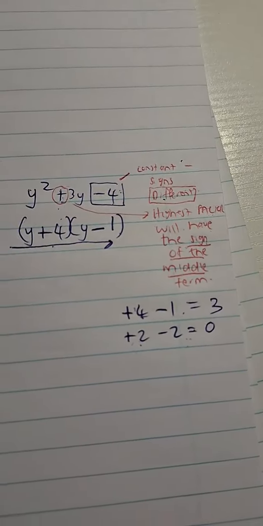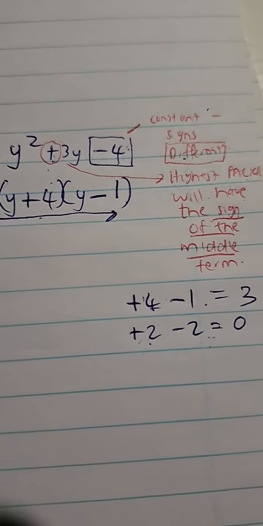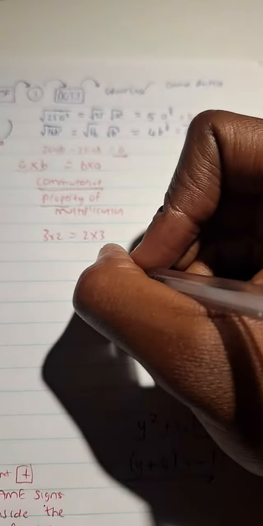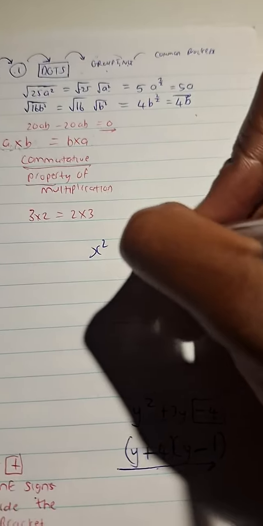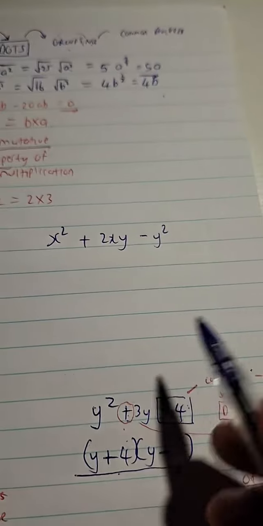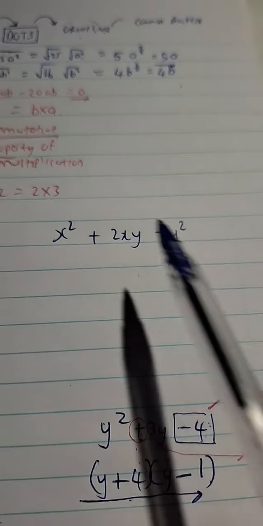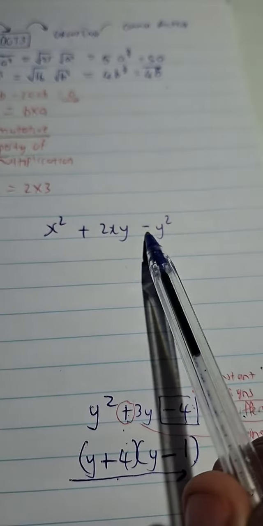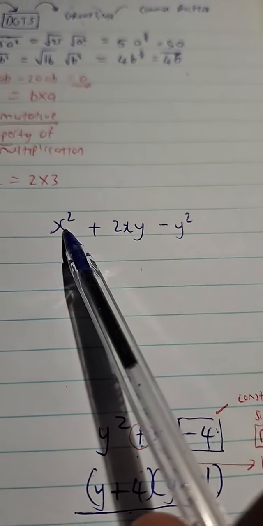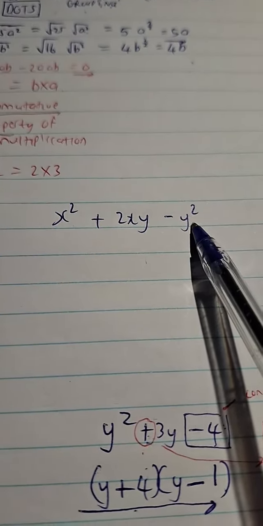Let's move on. What if the variables are not the same? Well, guys, when the variables are not the same, like for instance, something like this, and it happens, right? x squared plus 2xy plus y squared. As you can see here, this is an x squared term. This is a y squared term.